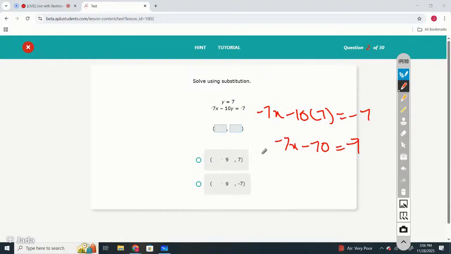Add 7 both sides. Negative 7x equals negative 7 plus 70, right? So 70 minus 7 is 63.